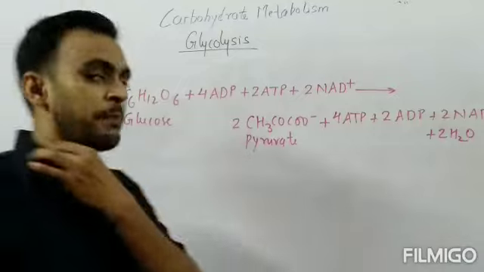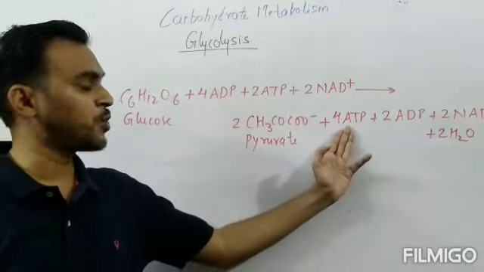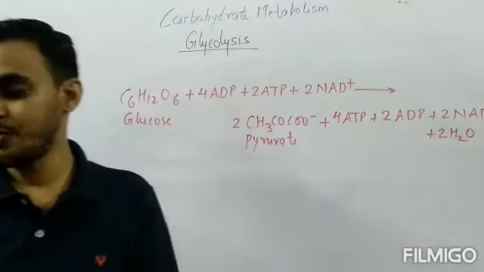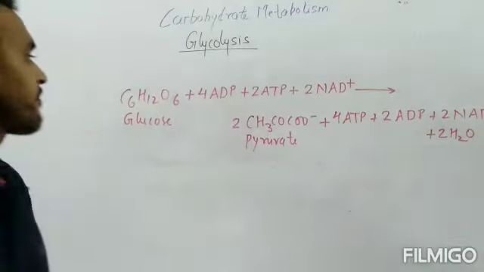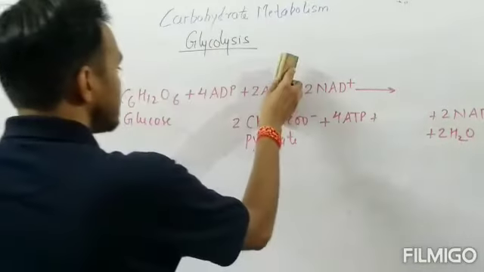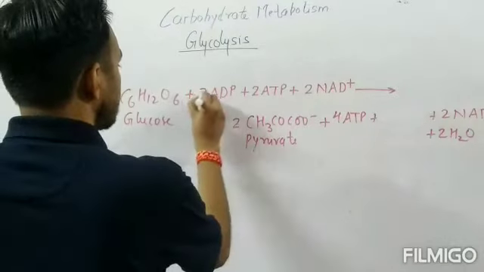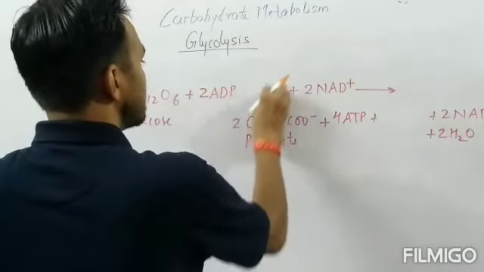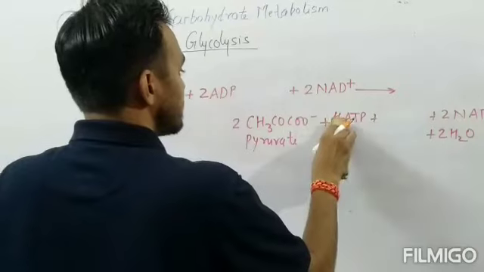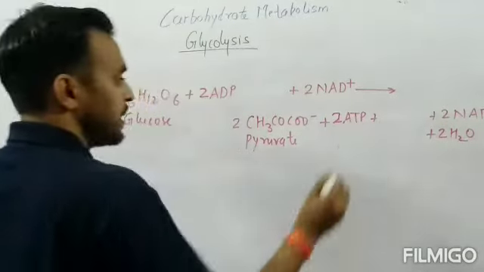As we know, we used 2 molecules of ATP and we formed 4 molecules of ATP. So we can say the net gain is 2 ATP.